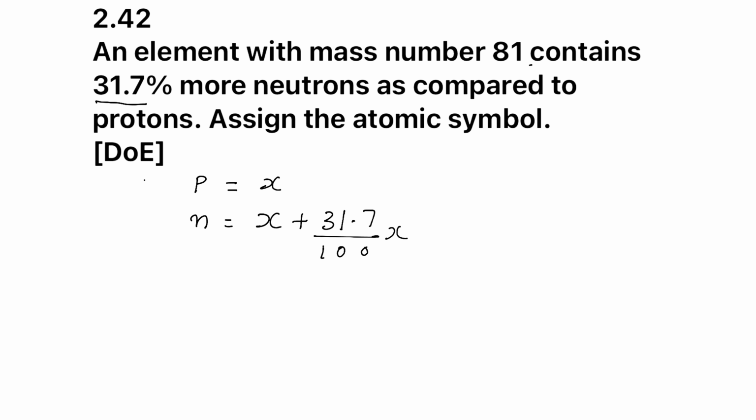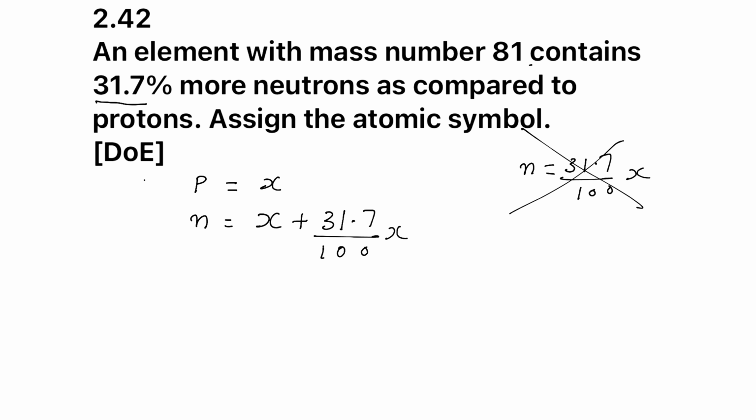Most common mistake is students write neutrons is equal to 31.7 by 100x. This is wrong. Okay, more neutrons are there, right? Not simply 31.7% of proton. It is more. So x plus 31.7 by 100x. Like that you have to write.